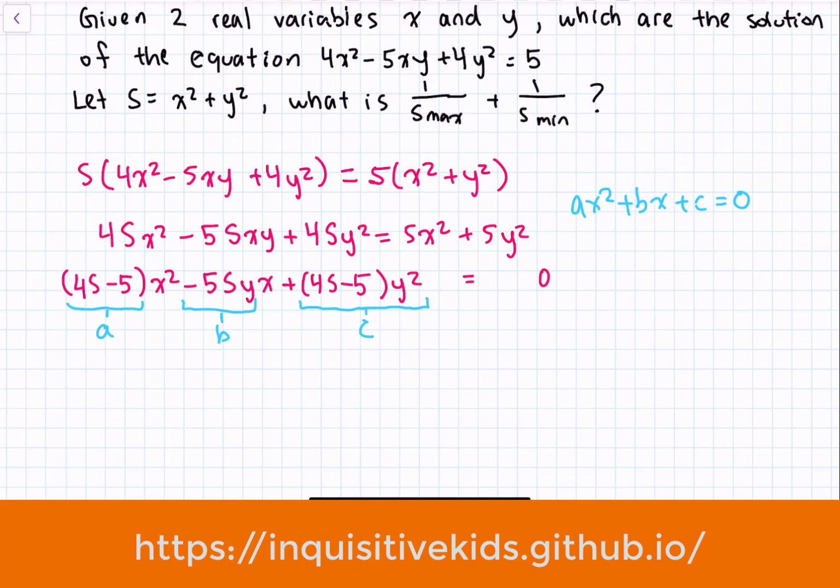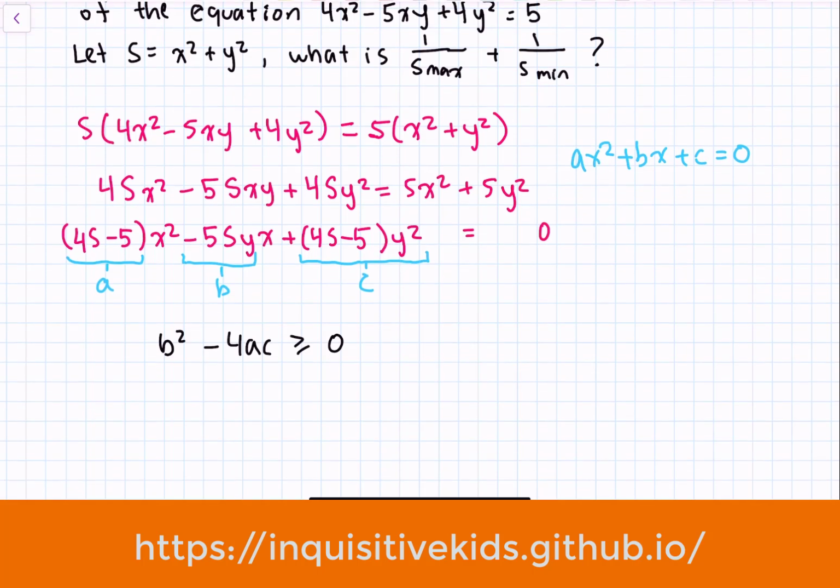It's a constant. Then we can use what we know about the discriminant. So we have b squared minus 4ac is greater or equal to 0. You should learn this in quadratic expressions or algebra 1 or 2, I forget. But anyways, we can use what we know about this and apply it to our own problem.